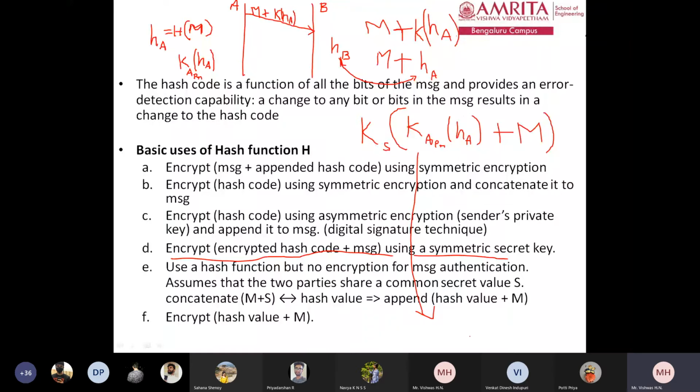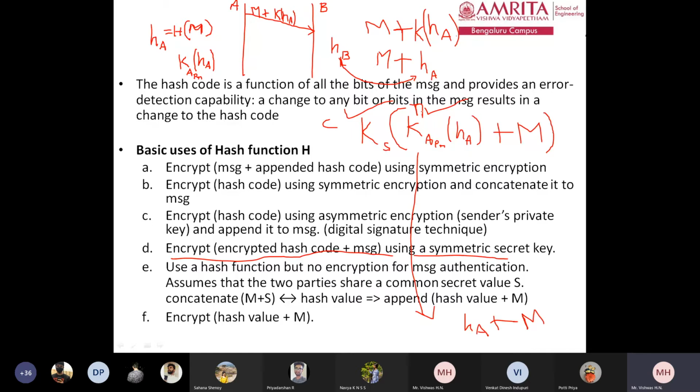Is that clear? So when you use the public key of someone to decrypt it, obviously it is from the right person. So when you first decrypt this, you are proving confidentiality. When you decrypt this, you are proving authentication, that you received it from the right person.